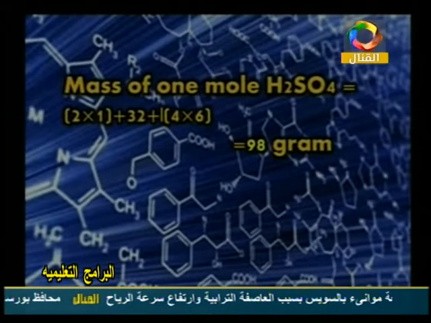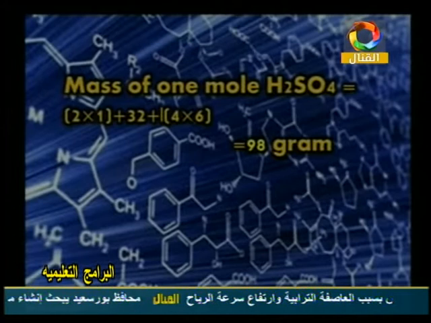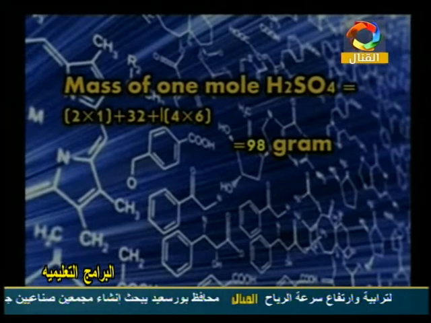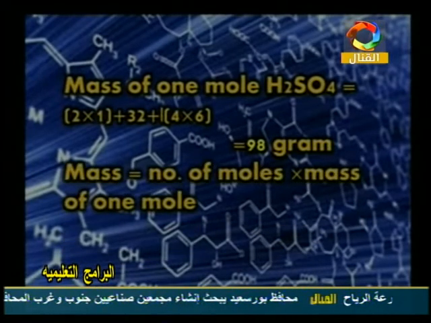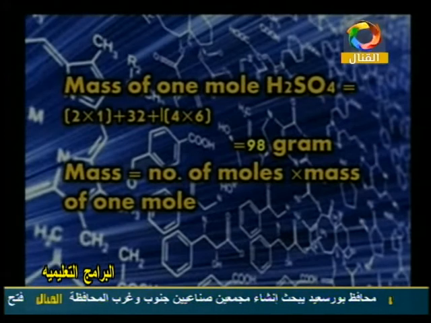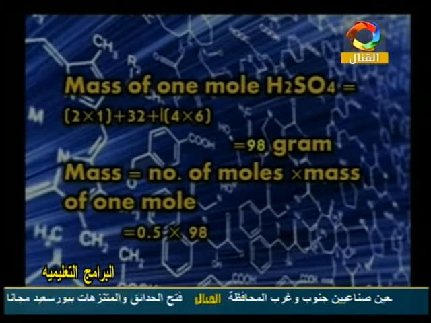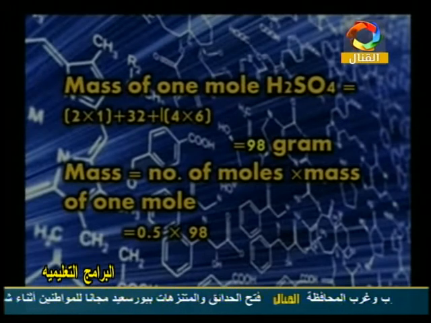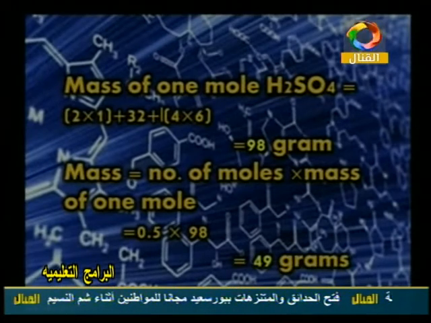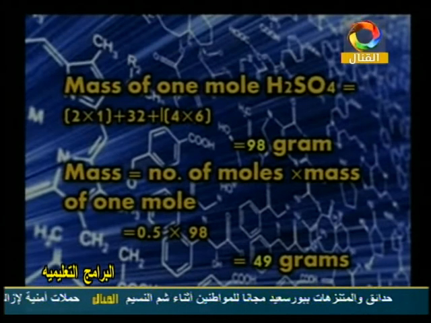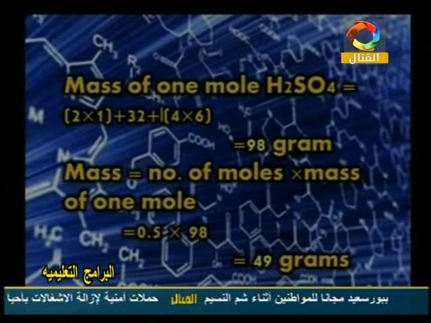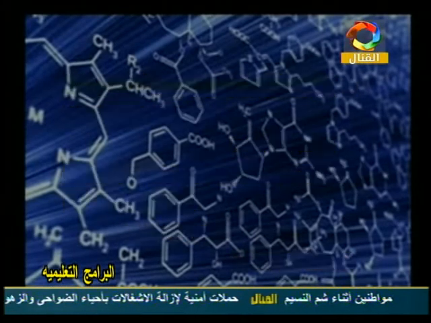Do you know what this means? This is the molar mass. This is the mass of sulfuric acid. Now, mass equals number of moles by mass of 1 mole, equals 0.5 by 98, equals 49 grams. Easy and important. Catch the other question.